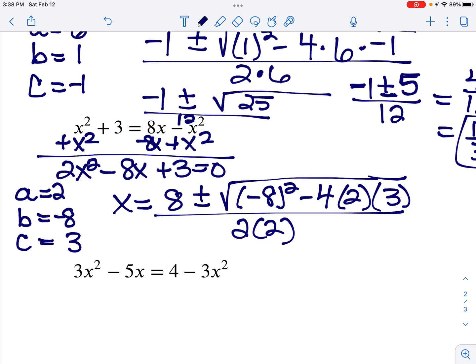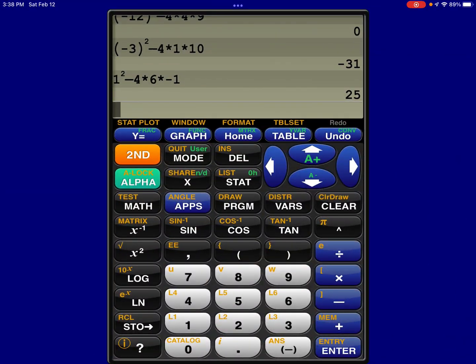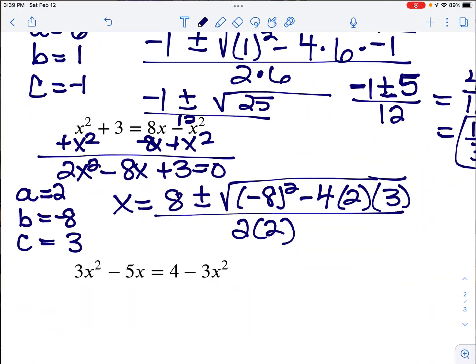Okay, so I'm going to remember this in the calculator. I'm going to do alpha x, because I'm going to put this all in the calculator at one time. So it's going to be 8 plus square root of, and then I did parentheses, negative 8 squared minus 4 times 2 times, what was c? 3.